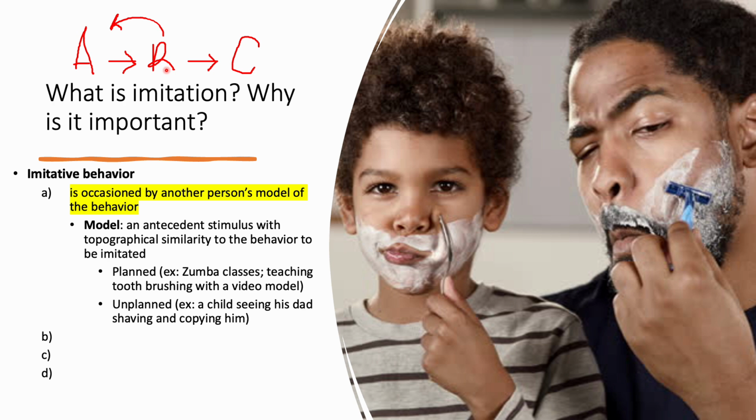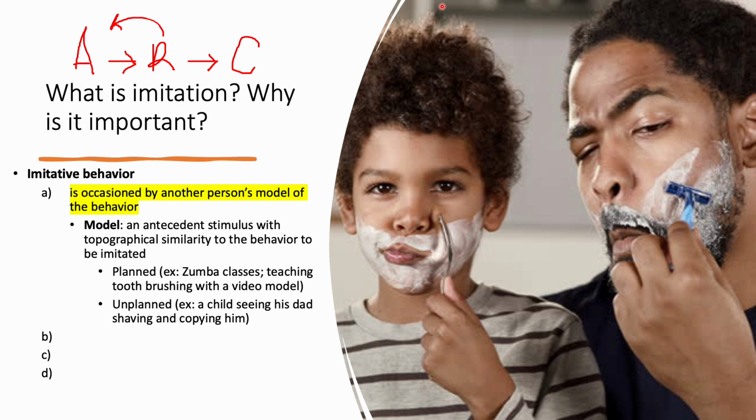And then these models can be categorized into 2 different categories. They can be planned models, or they can be unplanned models. An example of a planned model is basically something that you are explicitly being taught or instructed to do. So an example would be like a Zumba class where a person is standing in front of an audience, and they are telling you, do this.